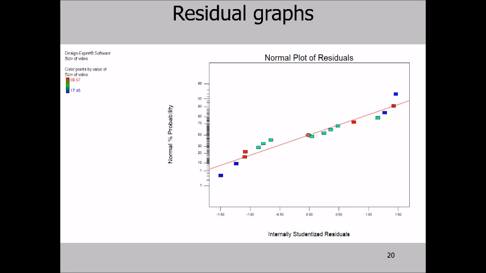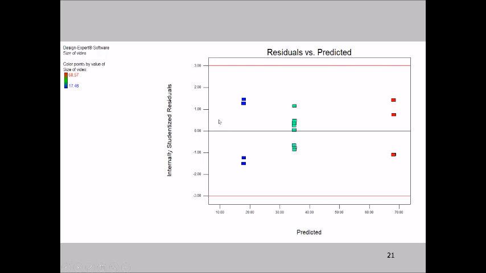This normal probability plot shows the residuals versus their expected values when the distribution is normal. Now the residual versus predicted plot: what we predicted, and what difference we get. This graph is shown.